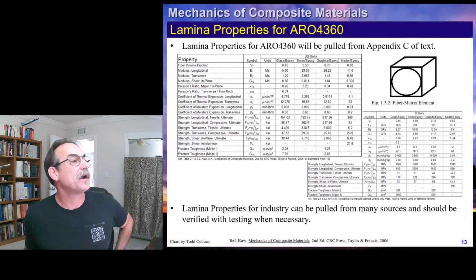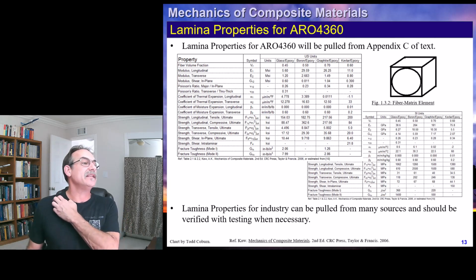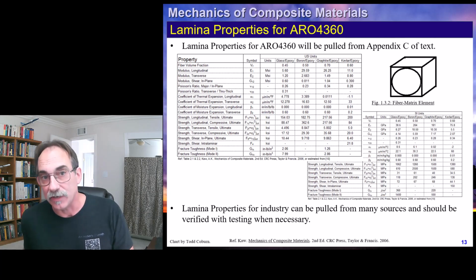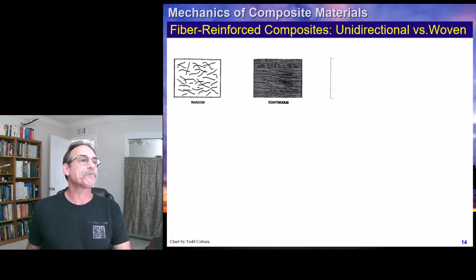You can see Poisson's ratio, coefficients of thermal expansion, compression and tension strengths, shear strengths, and so on. Some of these values are not from Daniel's book. Most of them are. Some of them I have estimated, and some of them are from other references. Okay, so that is the kind of data we're going to be needing to hone our abilities in composite analysis.